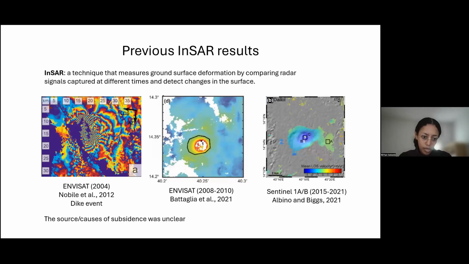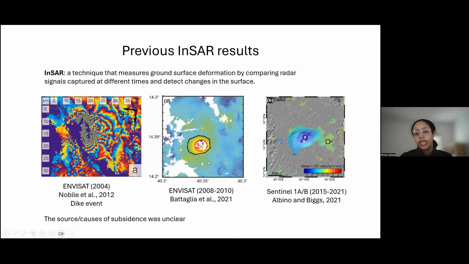So previously, we have some ENVISAT study in 2012. As you can see, we have concentric structures at the center of the Dallol, and this was caused by a diking event which happened just right south of Dallol. And then there was a period of quietness from 2004 to 2008.